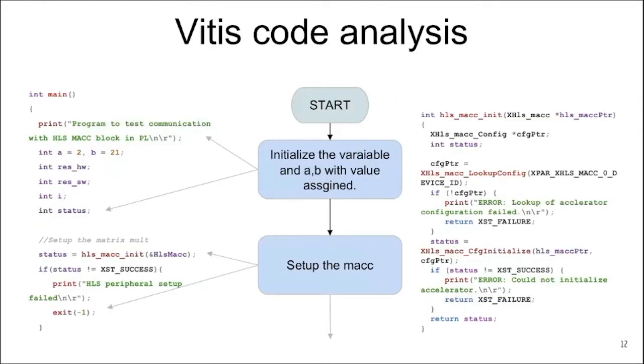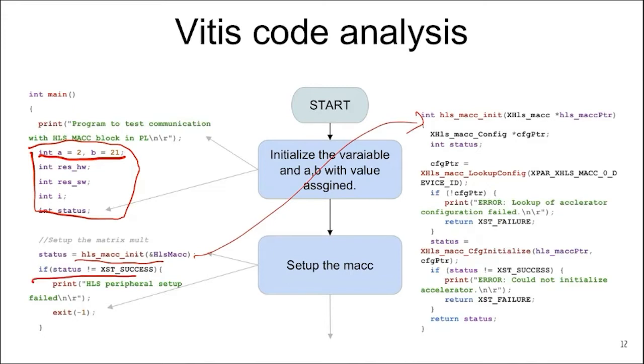So we can see here, first, we initialize the variable with the value assigned here. Okay, and then we will initialize our IP here, which will call this function. Basically, it just does some initialization and some checks on some status. If it works, then it will go through.